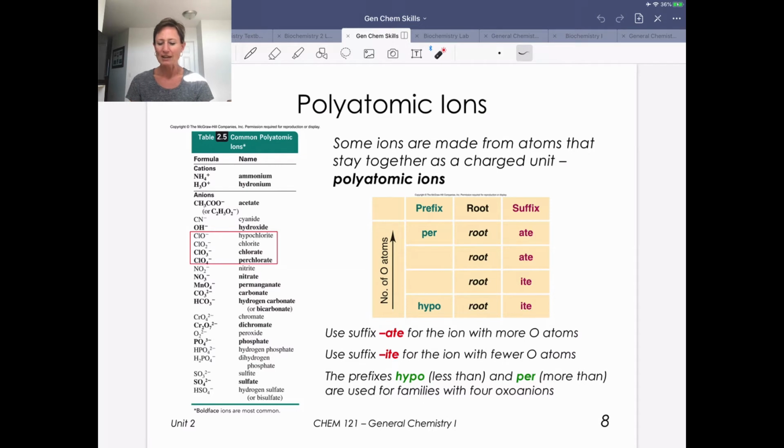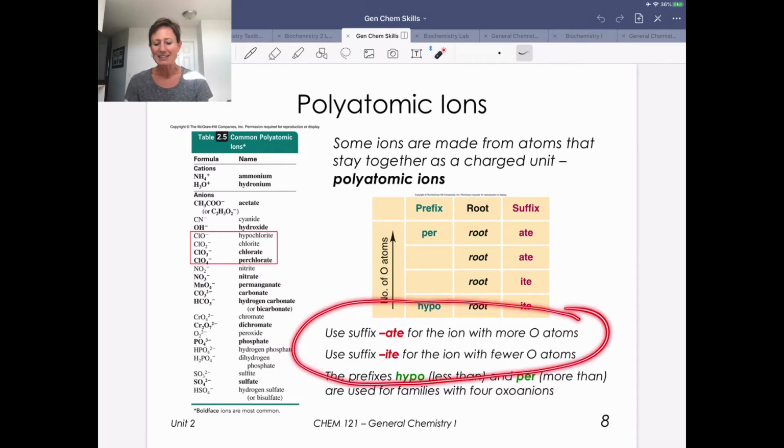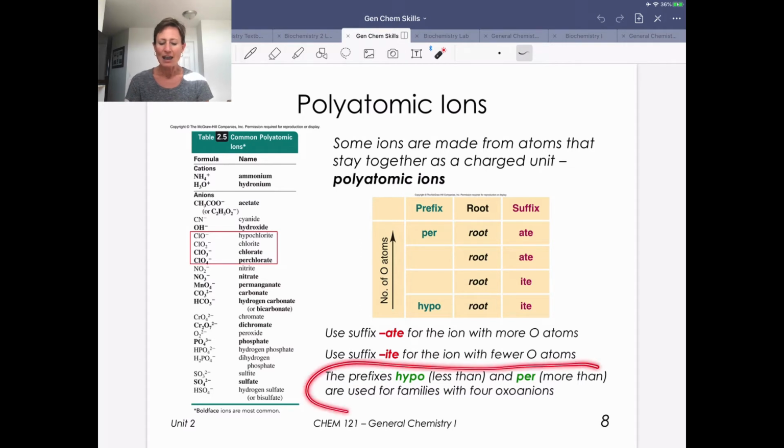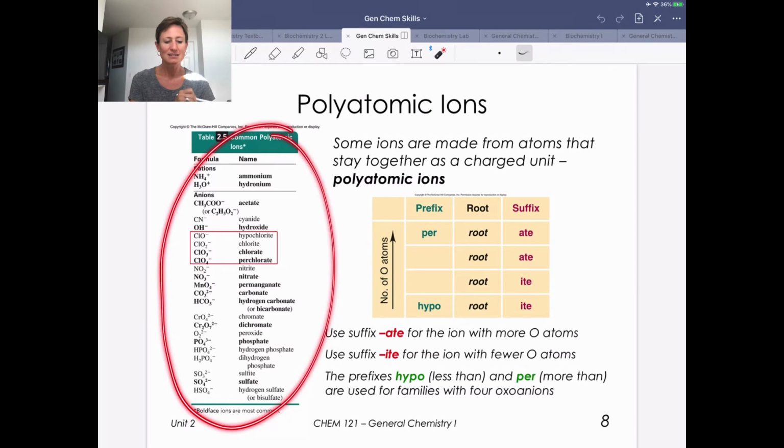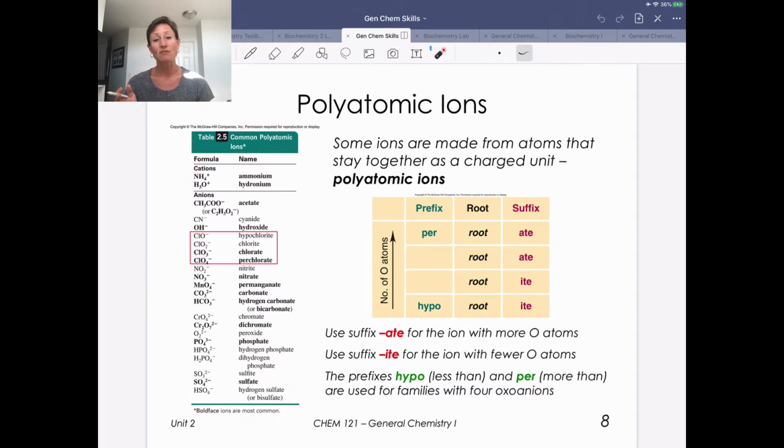Again, we've got these ITEs and ATEs that we need to think about, and then hypo and per that we're going to see as prefixes. So just some things that are going to help you remember this systematic naming that we see for these polyatomic ions. But everything that's listed in this table are just things that you have to know.